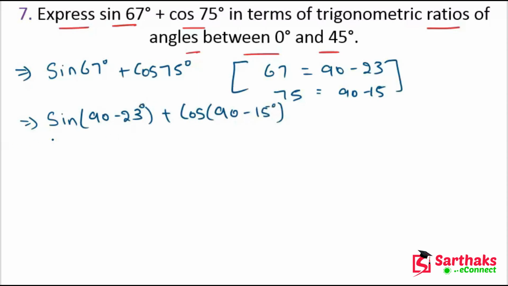Now sin(90 minus A) is cos A, so this is cos 23, plus this is sin 15.